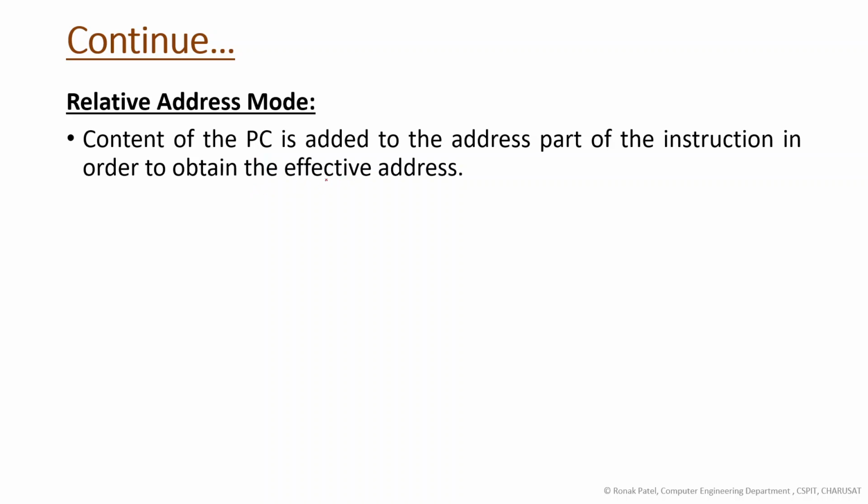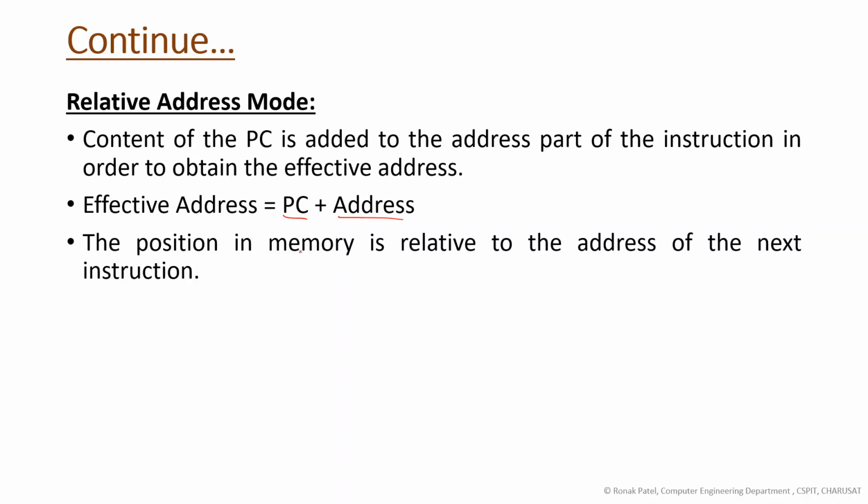Okay, so we need to calculate the effective address in this case. So the effective address is your PC value plus the address from your address field. The position in memory is relative to the address of the next instruction.